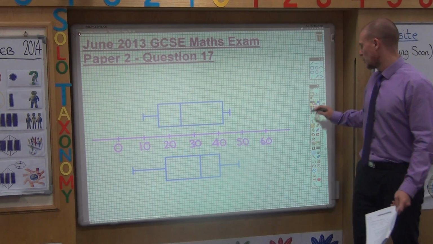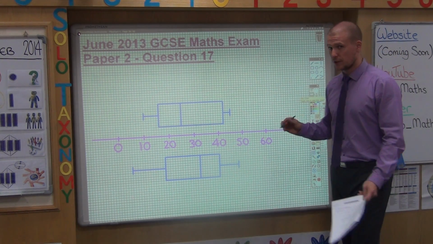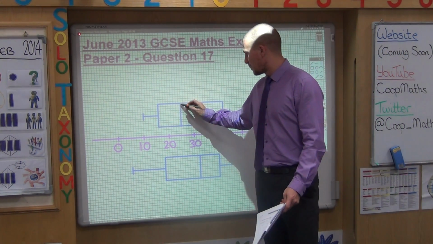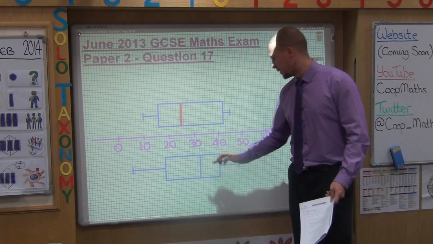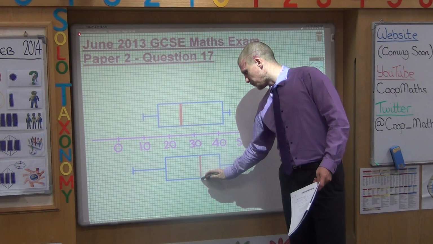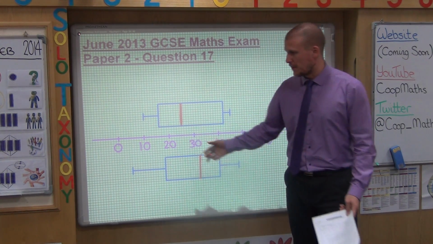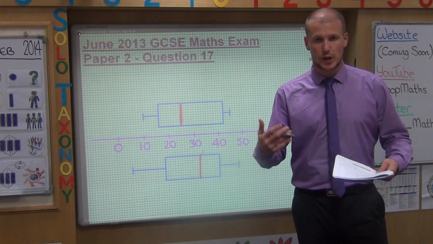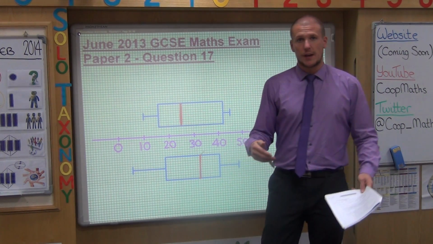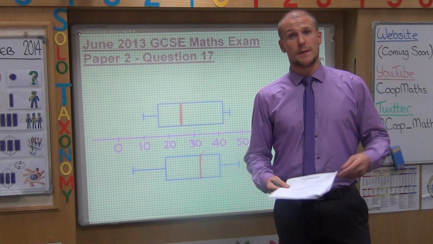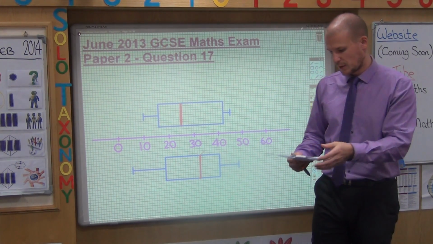Now, when you're comparing box plots, there are 2 things that you care about. One is the position of the median, which is the average, which is a middle value. So based on the application of this question, we're talking about money raised. Comparing the medians will allow you to say, on average, who raised more money, the boys or the girls. Okay, so that's the first thing we'll do.